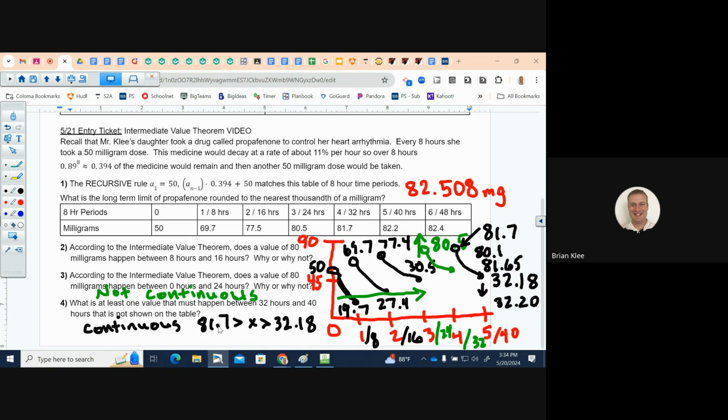So a lot of options. You got ultimately a range of about 50 in between, where this is continuous from 4 8-hour time periods, 32 hours, to 5 8-hour time periods, 40 hours. So we can have an answer.